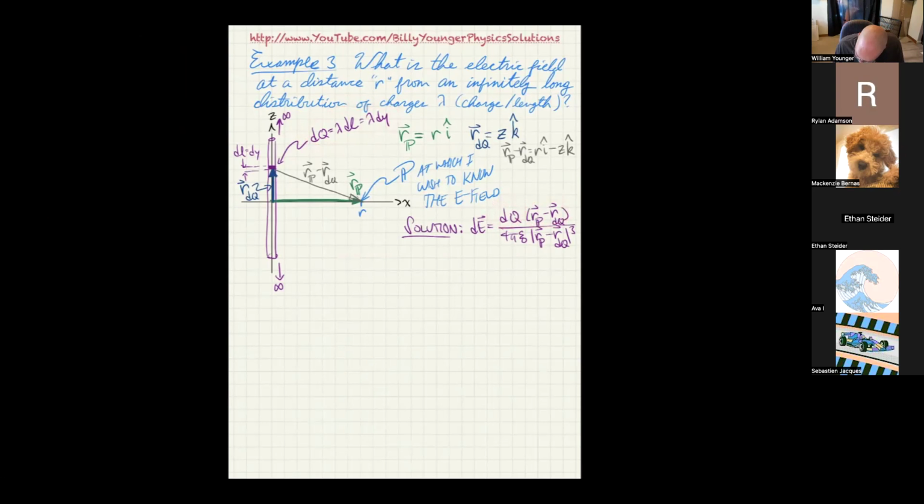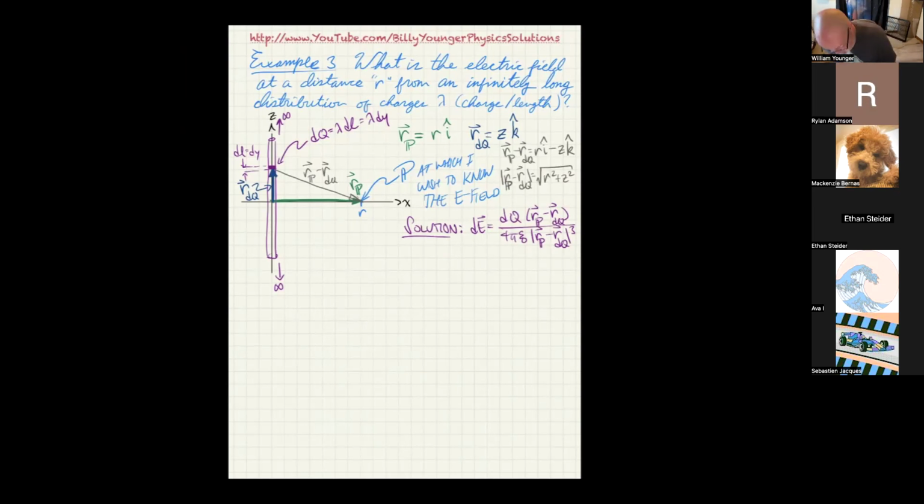And all we need now is this magnitude down here, the magnitude of r_P minus r_dq. Anybody want to take a guess at what the magnitude of r_P minus r_dq is? Anyone? Okay.